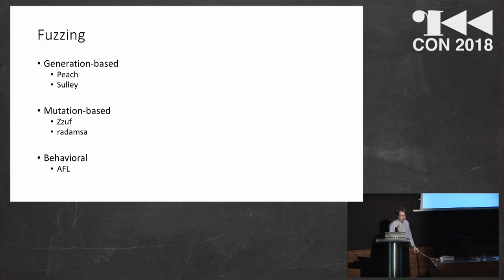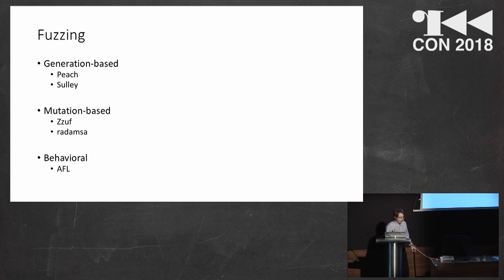And it's behavioral, either generation or mutation, like American Fuzzy Lop, which is perfect software, which I use on almost every project, which mutates or generates something, and then checks how much code was covered, and then mutates again, covers another part of the code, and so on.